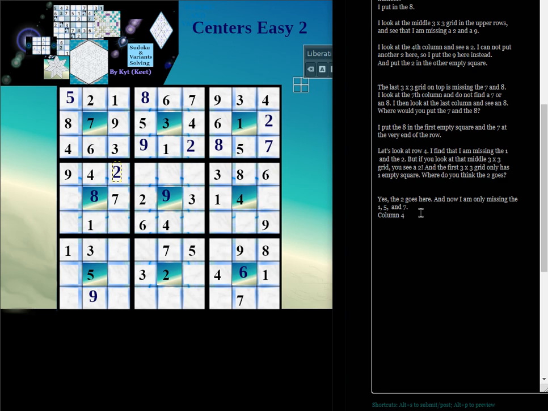Column 4 has a 5. Column 6 has both a 1 and a 7. What does this tell you? What does column 6 have? A 1, 5, or a 7?